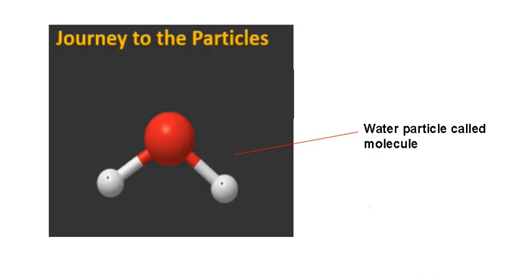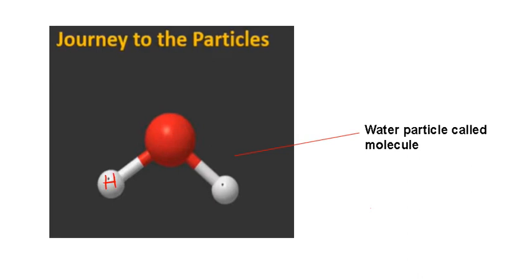Now what is a molecule of water made up of? A water molecule is made up of tinier particles called atoms, as we can see here. So this water molecule has hydrogen atoms, and this is the oxygen atom.